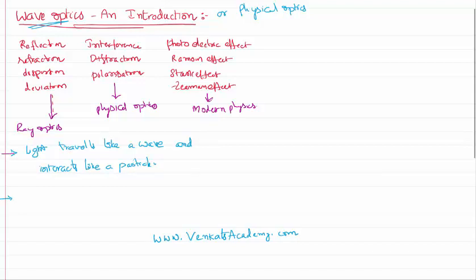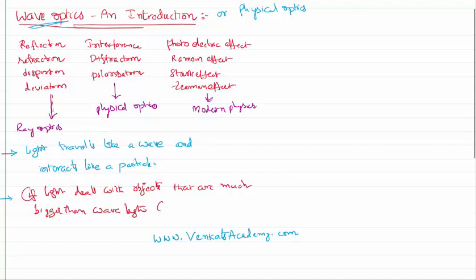Say for example, if light deals with objects while it is traveling that are much bigger than the wavelength of the light, that is visible wavelength, around 4000 angstrom to 8000 angstrom approximately, much bigger than the wavelength of the light if the size of the object is.